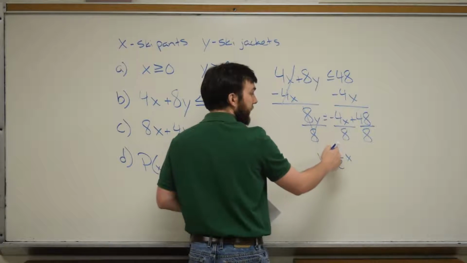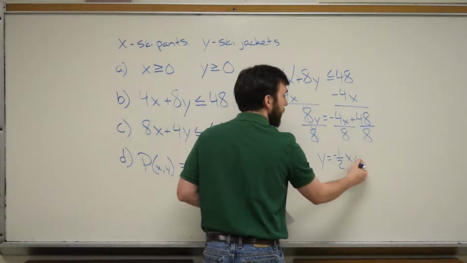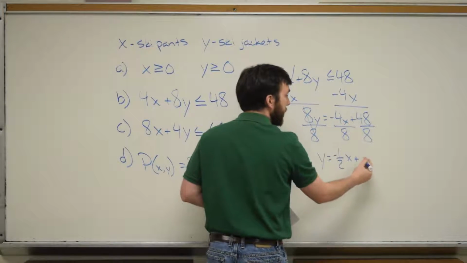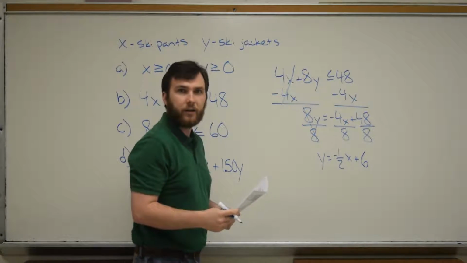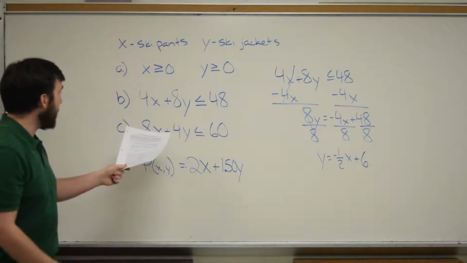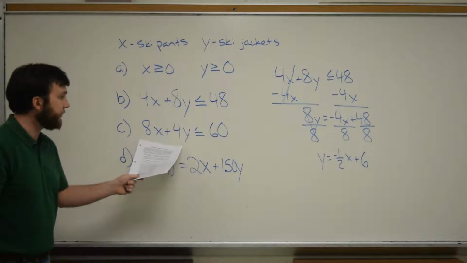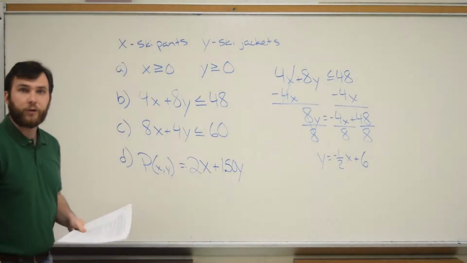Negative 4 over 8 cleans up to be negative 1 over 2. And 48 over 8 cleans up to be 6. Okay, so why don't you go ahead and try and get Y by itself for the other equation, and then we'll go over and graph it.